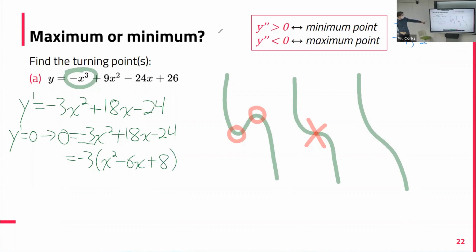Okay, we factored out the -3, and now we have a coefficient of 1 on the x. That's very nice because it lets us do the sum product method. 2 numbers that add to -6 but multiply to +8. What numbers could that be?